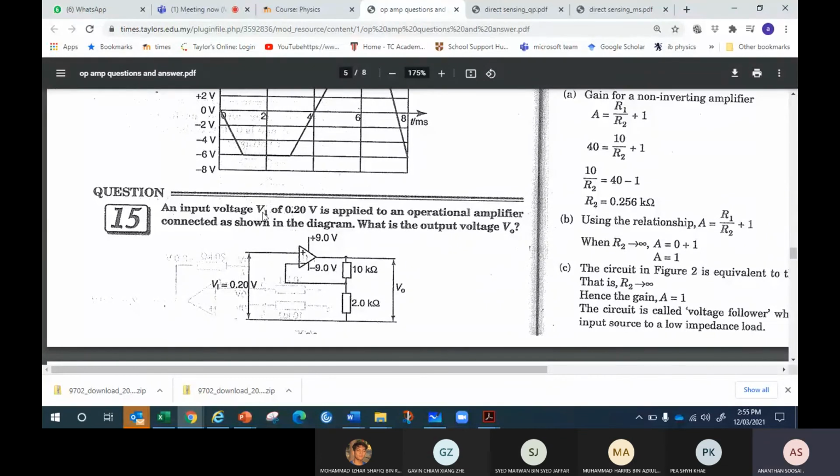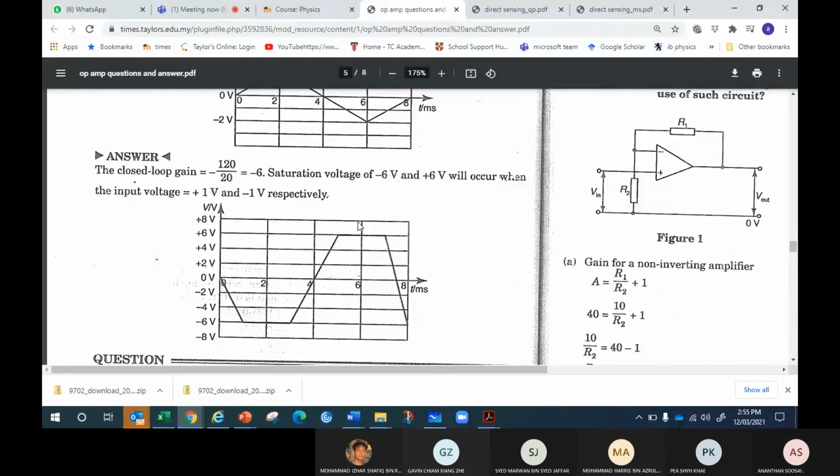You have to draw up to negative 12 first, then use an eraser to cut it at negative 6. The above part, just rub it out, and you get the new pattern. Up also becomes only up to positive 6. This is how the output is going to look like.